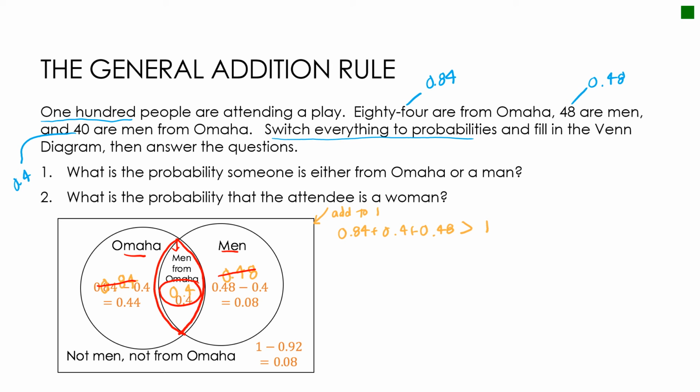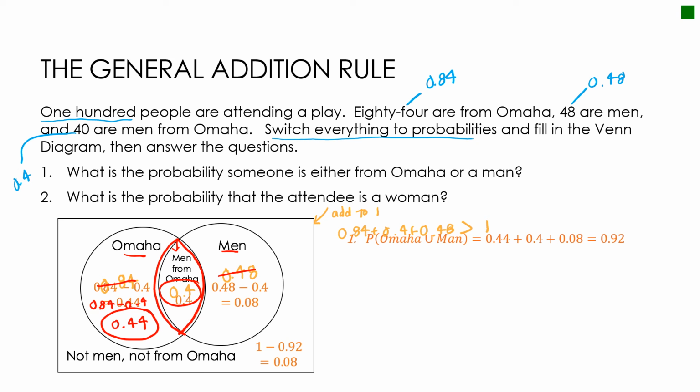So I got 0.4 for men from Omaha. Now, how do I then determine how many people are from Omaha that are not men? Here I can take the 0.84 that I had originally written and subtract the 0.4 that's here in the middle, because if I subtract that, I'm going to find out how many are not in that intersection, and that gives me 0.44. So 0.44 are from Omaha, but not men, which of course means women from Omaha.